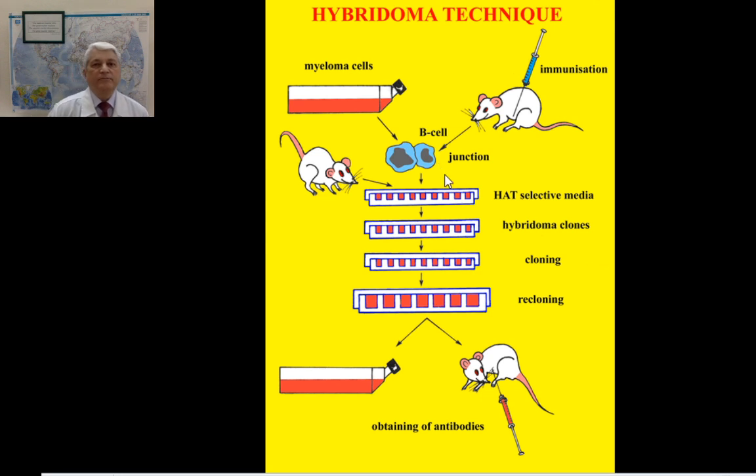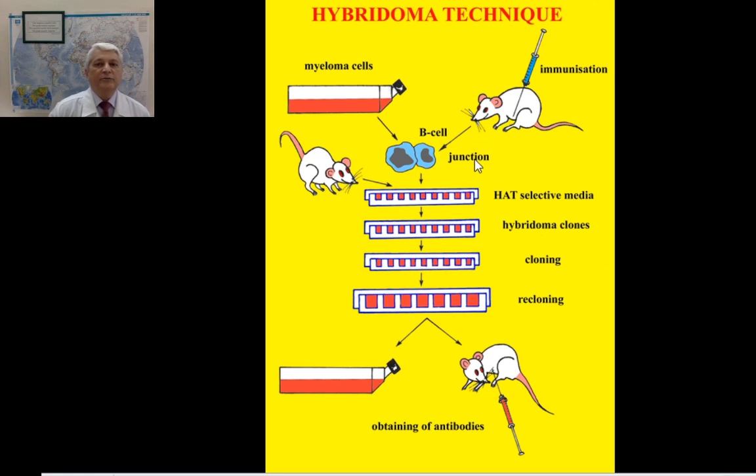How to obtain it? For this, Köhler and Milstein used mice, this white mouse. Here we have immunization. By the syringe we inject antigen, and later this mouse will produce antibodies against the injected antigen.